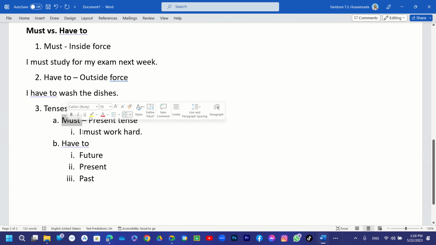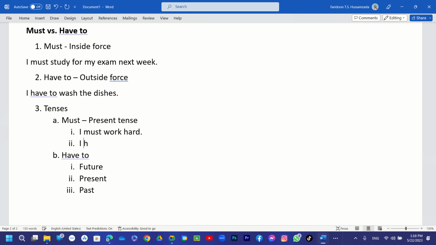With must, you have to use it. So that's what is going to replace it. In the past, you have to say, I had to work hard, even though it is an inside force, you have to use had to. Because there is no other way. Must does not go to the past. If it does, then you have to use the version of have to there.